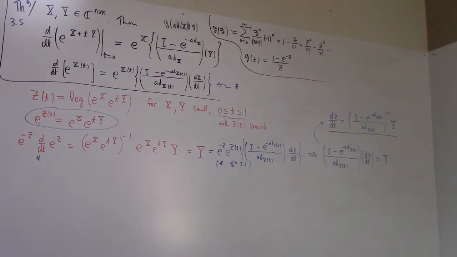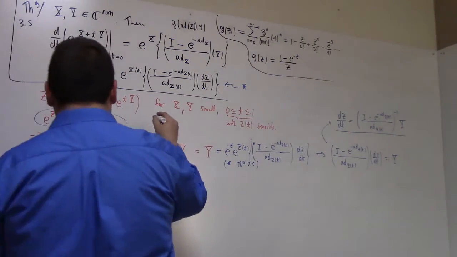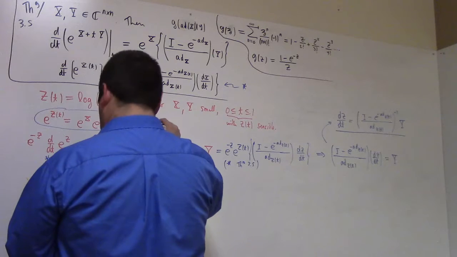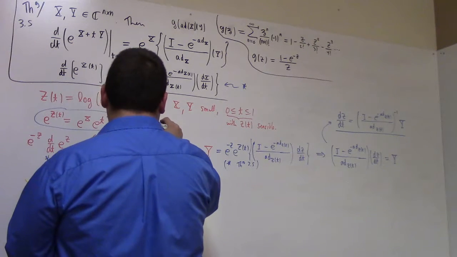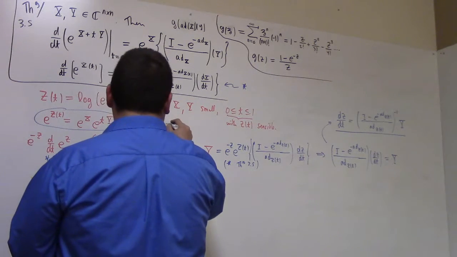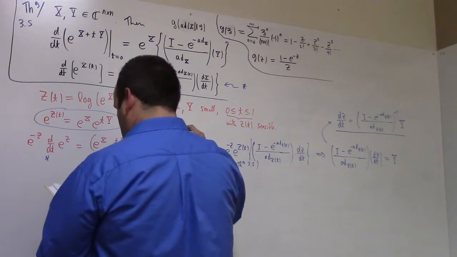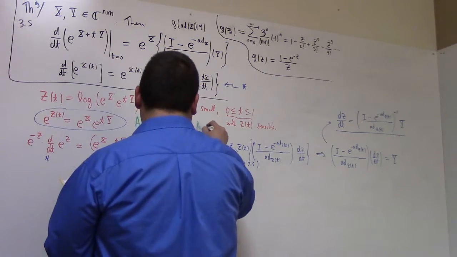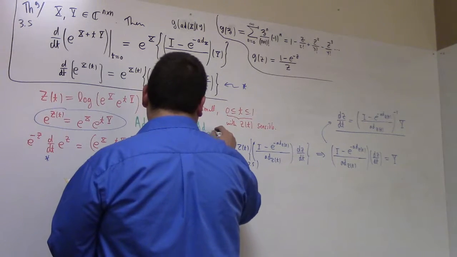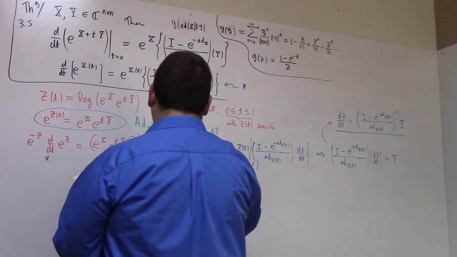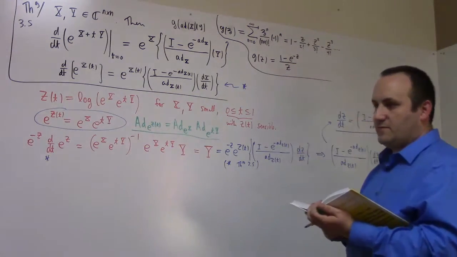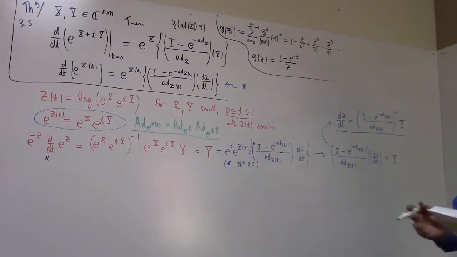So this gives me the adjoint of e to the z of t is equal to the adjoint of e to the x times the adjoint of e to the ty. That follows from the group homomorphism property of big add.